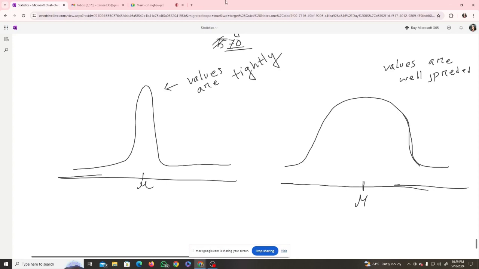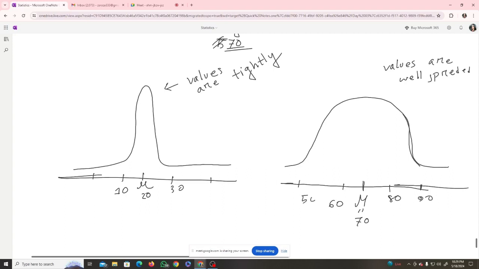Let's take an example. Let's say in this case the mean is 20 inches, and 10, 30, and in this case suppose the mean is 70 inches, and let's write the other values as well.